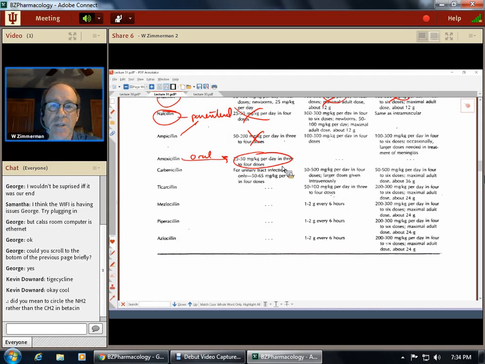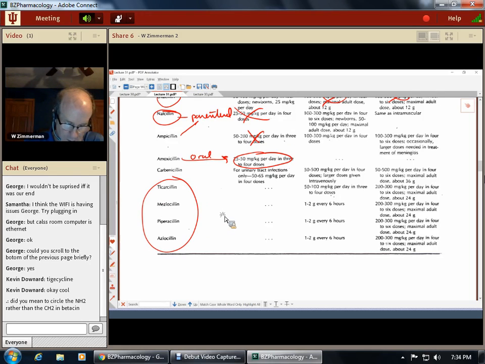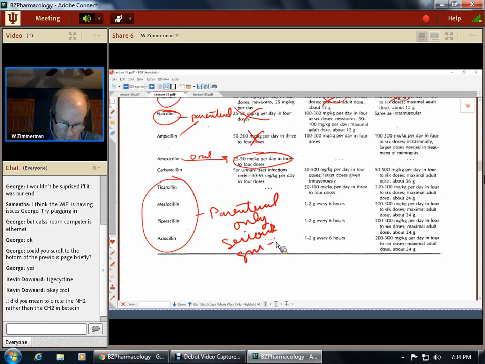And then the last one's down there, the ticarcillin down to the azlocillin. These are parenteral administration. Somebody that needs one of these is going to be in a hospital. So, parenteral only for a serious gram-negative infection.